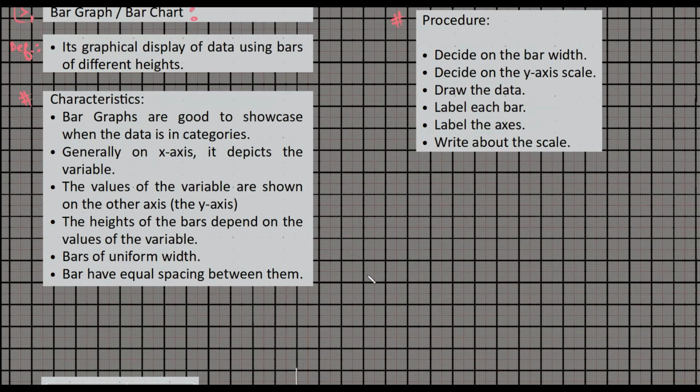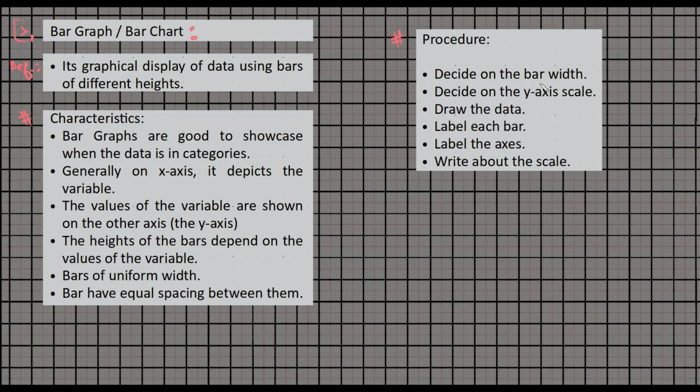So first thing is, for any graph we need the axes, x and y axis to begin with. And now let's start with the procedure. Decide on the bar width. To decide on the bar width, we have to look into the head, that is, this is known as variable, and this is known as values.